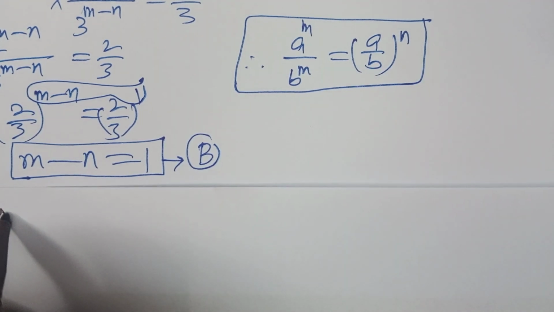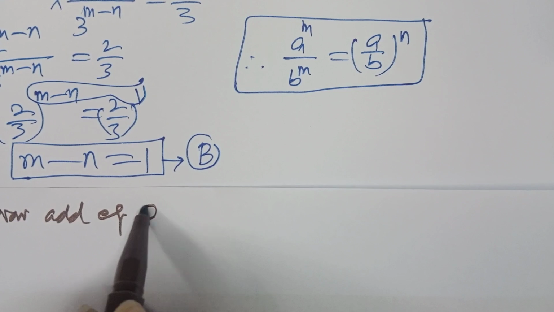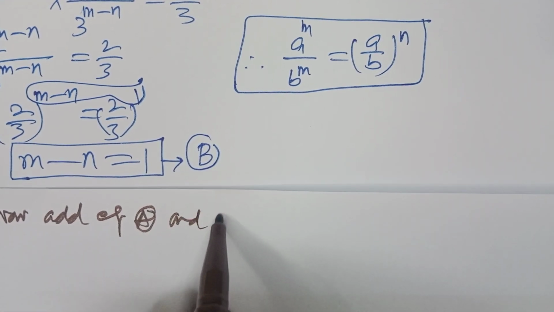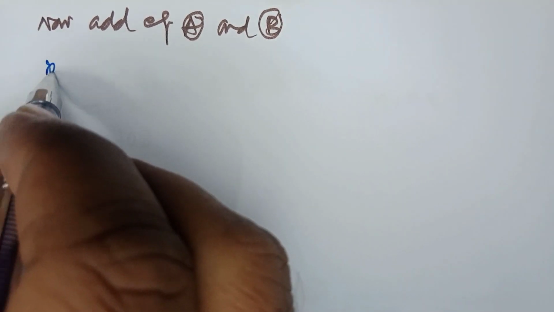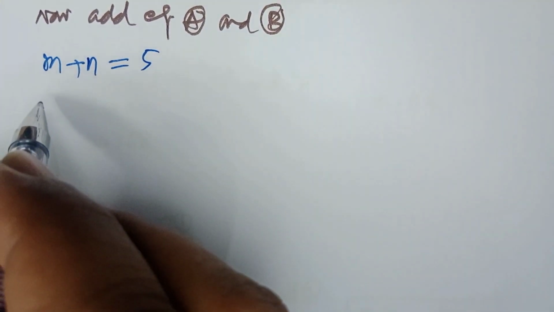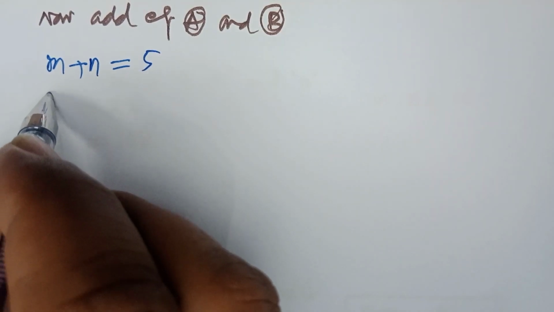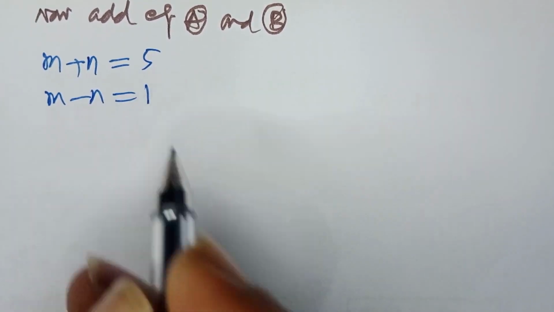This equation is named as equation B. So now add equation A and B. Equation A is m plus n is equal to 5. Equation B is m minus n is equal to 1.